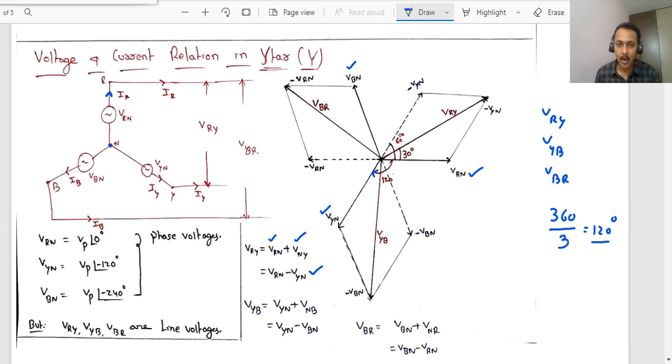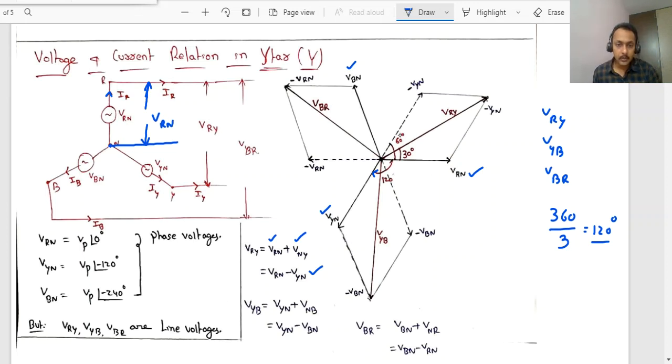I repeat again, VRN indicates the phase voltage of R phase. Similarly, VYN also indicates the phase voltage of Y phase. But VRY indicates the voltage between these two lines.